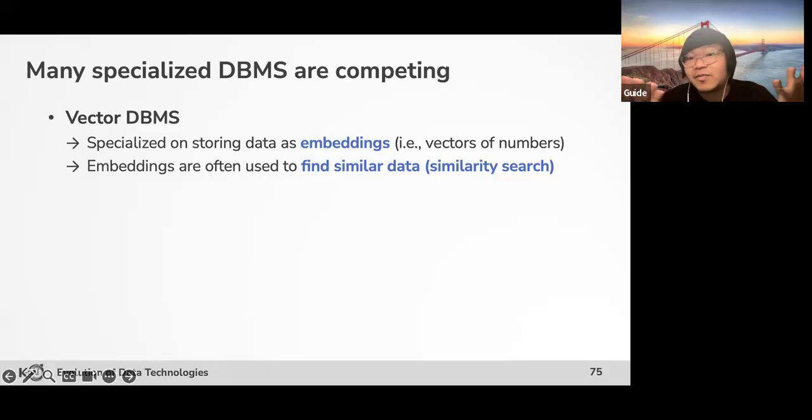AI, the LLM, like your ChatGPT, Gemini. We don't need the exact answer. We just need some answer that is similar to what the user wants, right? That is why vector databases are very hot nowadays in terms of AI, especially in the LLM era.